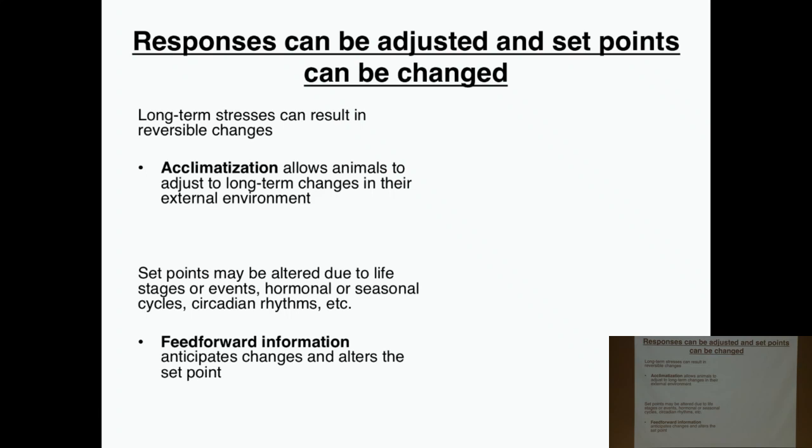And these are often the result of long-term changes in the external environment that cause physiological stresses internally. You can also have set points altered due to life stages or events, hormonal or seasonal cycles, and circadian rhythms using feed-forward information. So this is different from the feedback information that was like the status check. This feed-forward information anticipates changes and alters the set point accordingly.